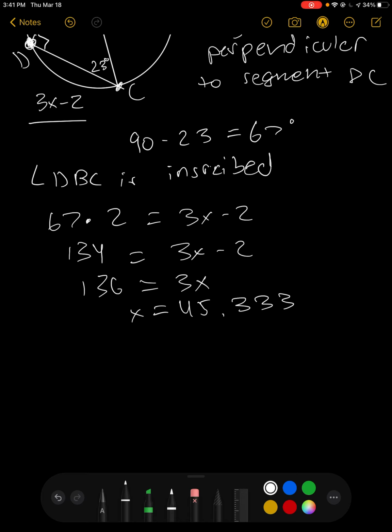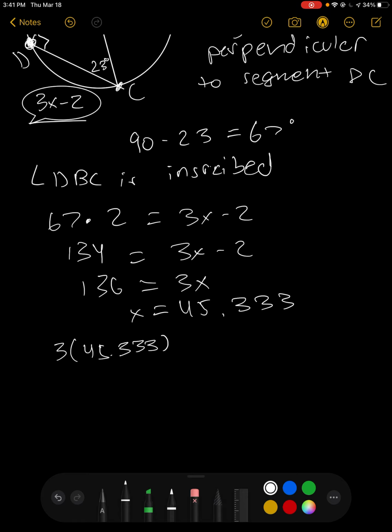So now what we can do is check this out, right? Double check our work. Substitute back in 45.333 to 3x minus 2. And you're going to get 3 times 45.333. When we round it, because we're rounding to 3 decimal places, that's going to give you 135.999 repeating.